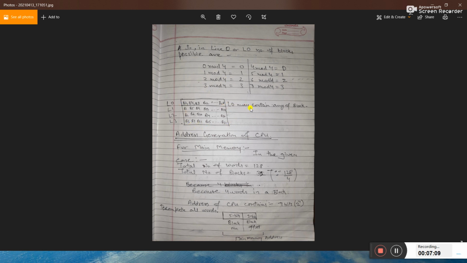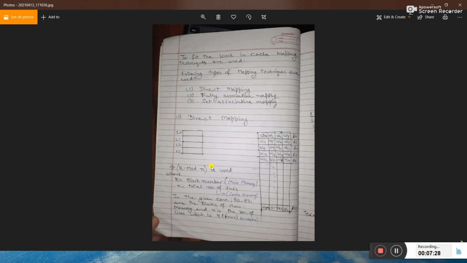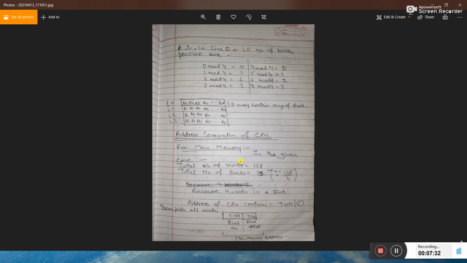Okay, so now here I have also written that L0 may contain any of the blocks B0, B4, B8, B12 and so on. Now see how the address is generated by the CPU for main memory in the given system. Whatever we have taken here, we generally have a total number of words of 128.